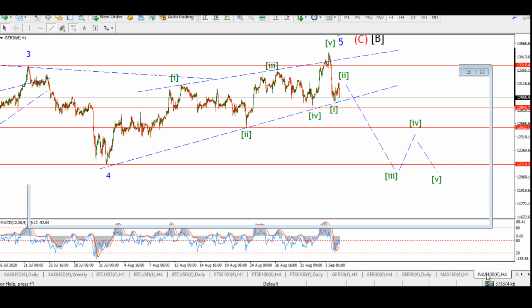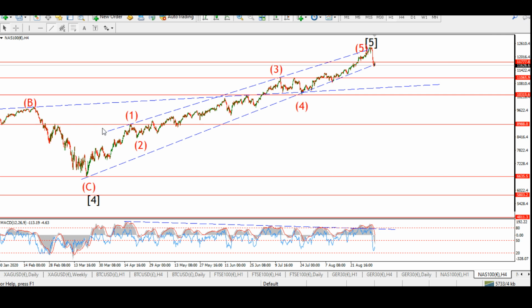Okay. The Nasdaq, we have been tracking this ending diagonal 5th wave over the last few weeks. Interestingly enough, how the market rallied up to that upper trend line and has capitulated over the last couple of days. Nasdaq turned first actually this week.